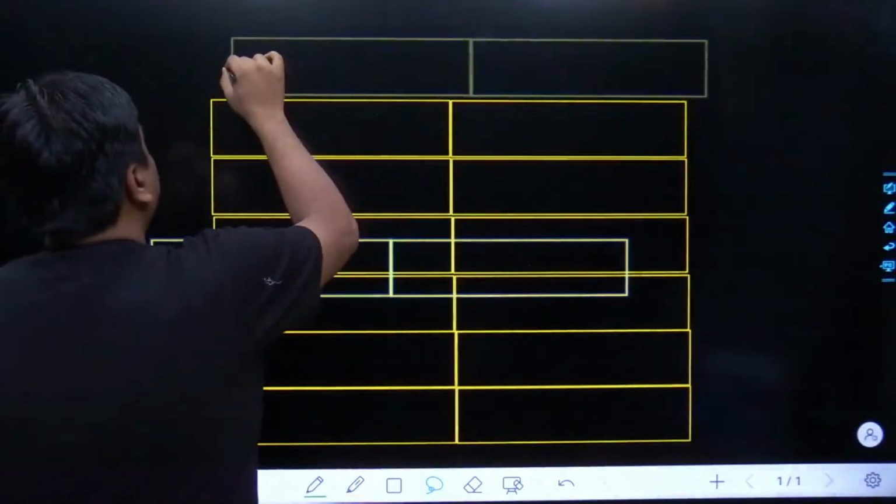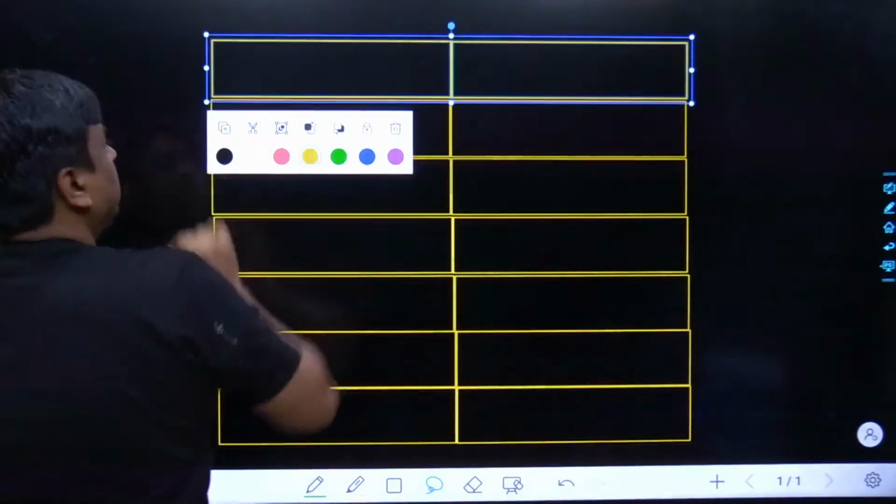Each one of us must mark it properly on your copy.